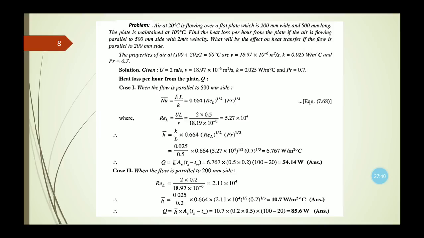To calculate that, we use the formula that we have discussed in the earlier slides, the average heat transfer coefficient in terms of Nusselt number. Nusselt number equals h L by k, which is 0.664 Reynolds number to the power half, and Prandtl number to the power 1/3.